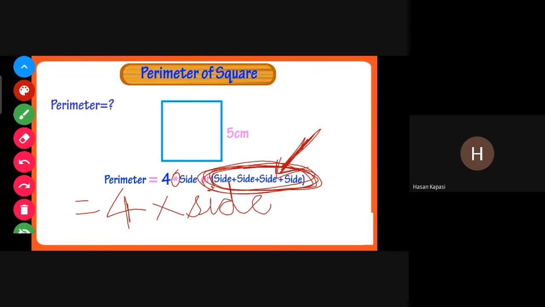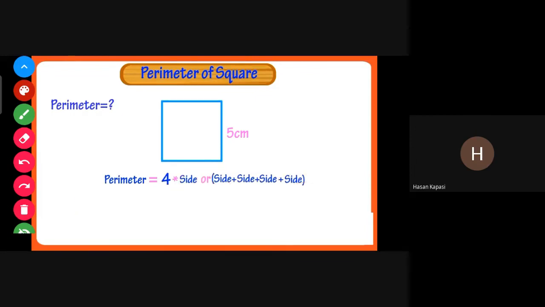Like this, side 1, side 2, side 3, side 4. Ma'am, 20 will be the answer. Yes, and how will we write it? Side plus side plus side plus side, means 5 plus 5 plus 5 plus 5 is equal to 20.